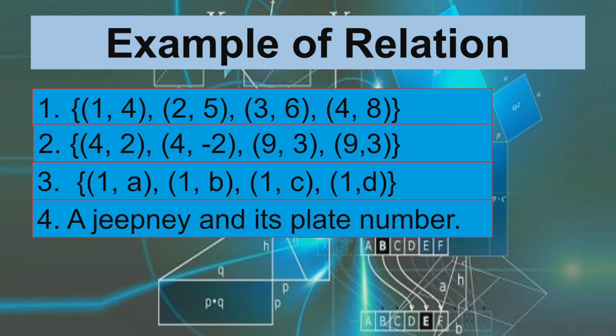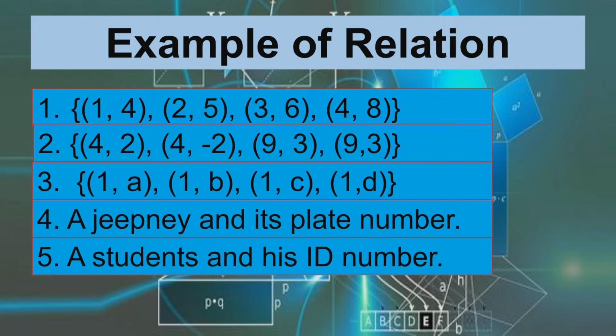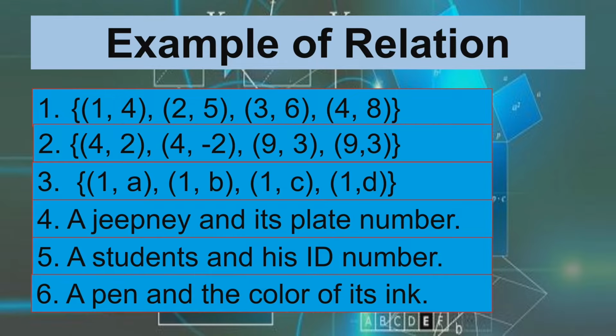So, another example of a relation. Another example, a student and his ID number. And lastly, a pen and the color of its ink. So, yung anim na yan is halimbawa ng isang relation. So, kung kayo magbibigay ng relation, okay, depende kung ano yung gusto nyo maging halimbawa nito.